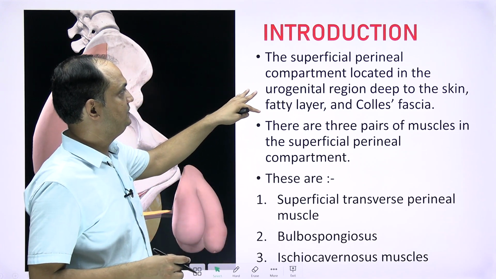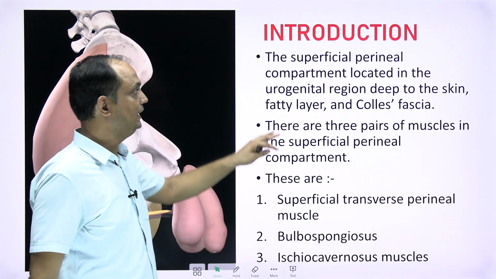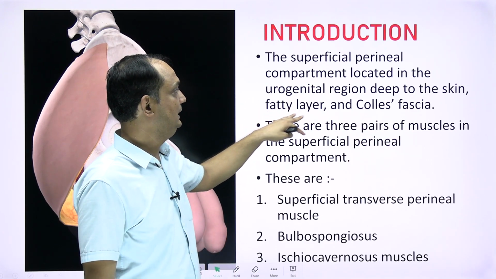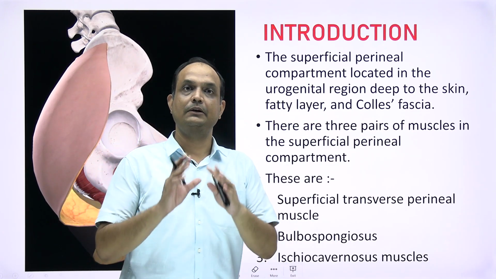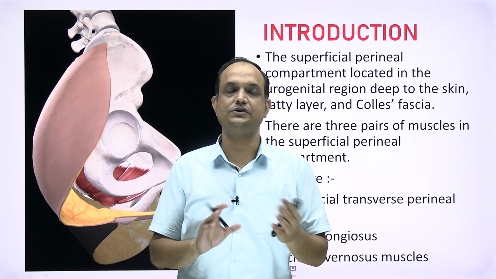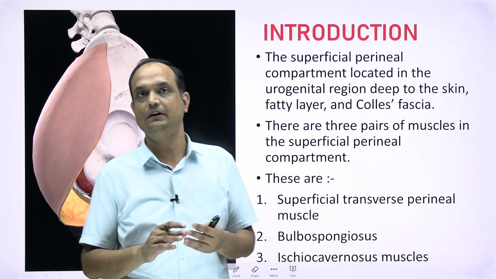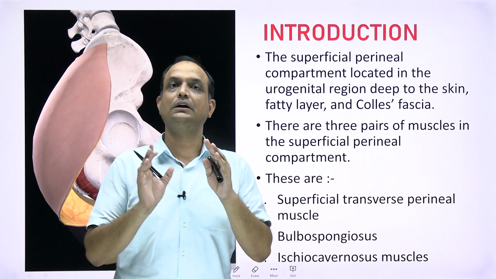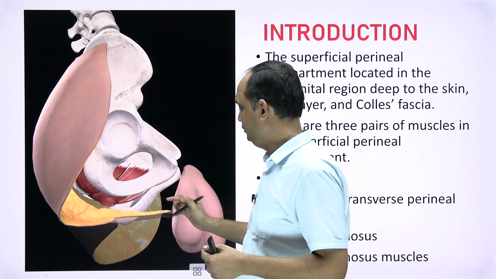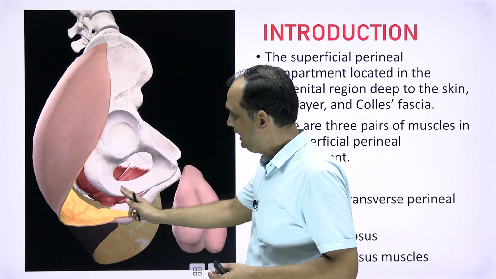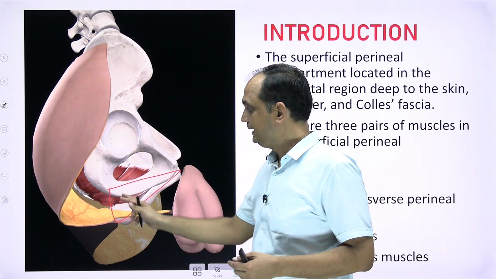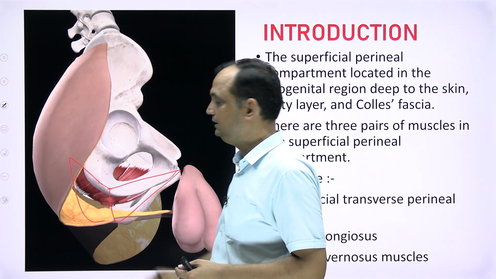The superficial perineal compartment is located in the urogenital region, deep to the skin, fatty layer and Colles fascia. In my class on the introduction of the perineum, I already told you how to differentiate the superficial and deep perineal pouch. When we are talking about the superficial perineal pouch, you first have to look for the anteriorly placed urogenital triangle and the posteriorly placed anal triangle.